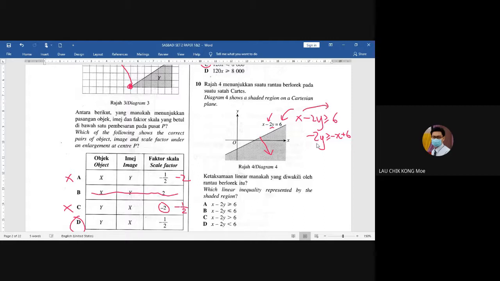And then this is negative in front of y, so I divide by negative 2.